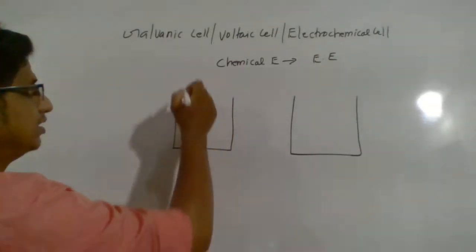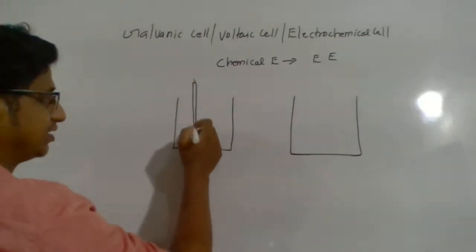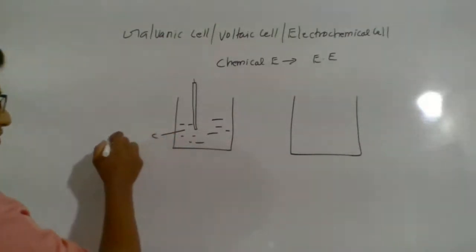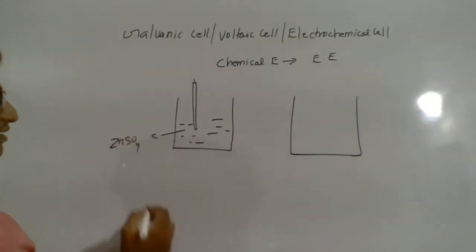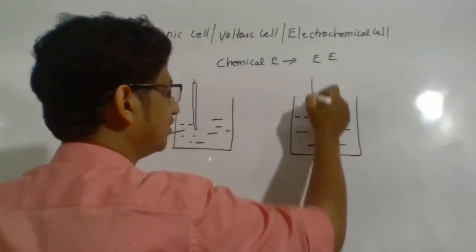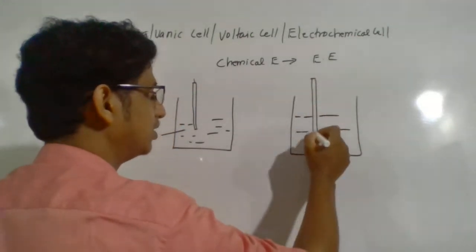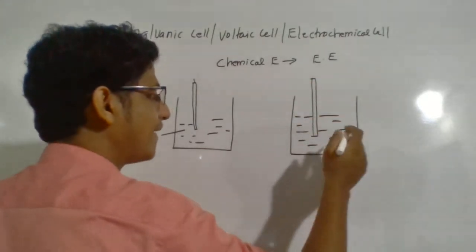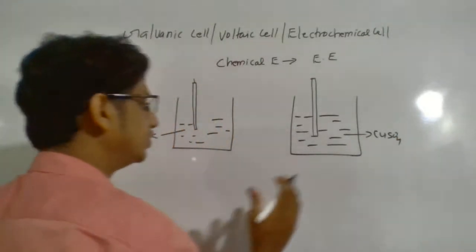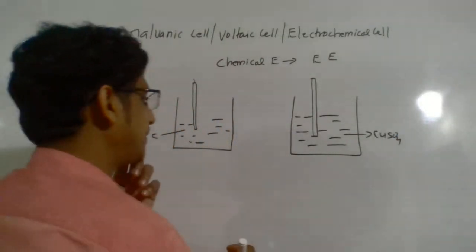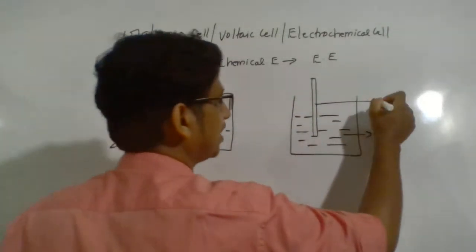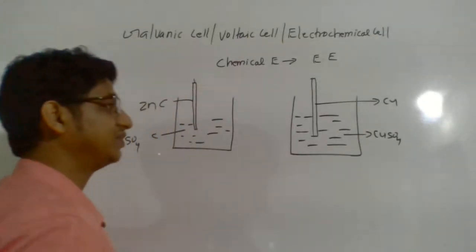A zinc rod is dipped in its own solution, zinc sulfate solution, ZnSO4, and on the other side I have taken a copper electrode, which is dipped in its own solution, copper sulfate solution. So one electrode is a zinc rod dipped in zinc sulfate solution, and the other is a copper rod dipped in copper sulfate solution.